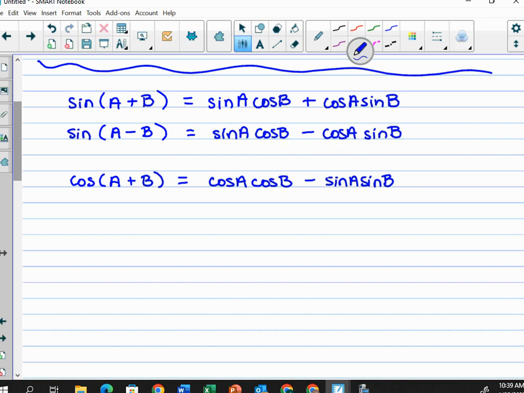Yep, exactly. So if it's cosine of A minus B, cosine A cosine B plus sine of A sine of B.